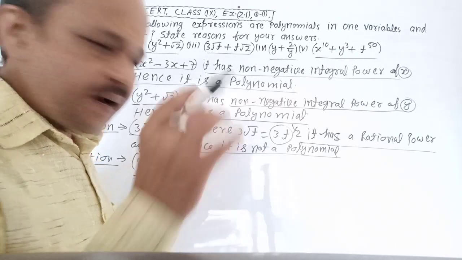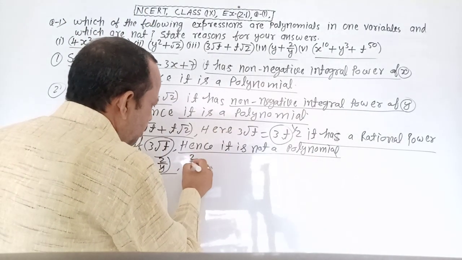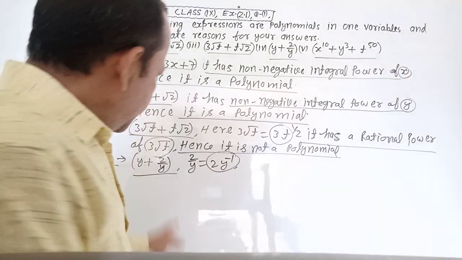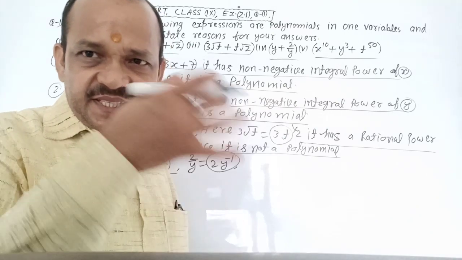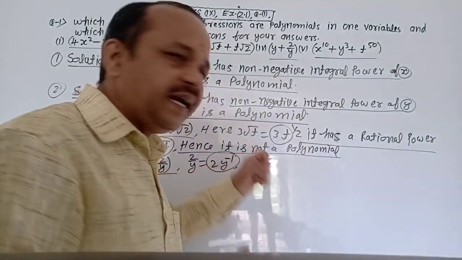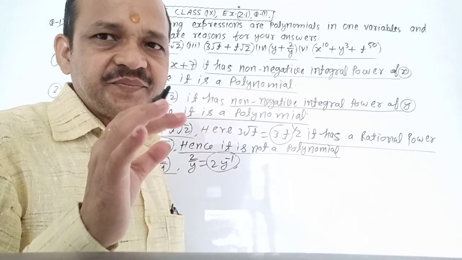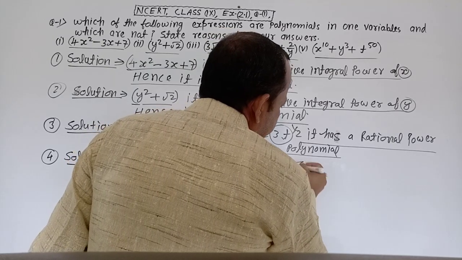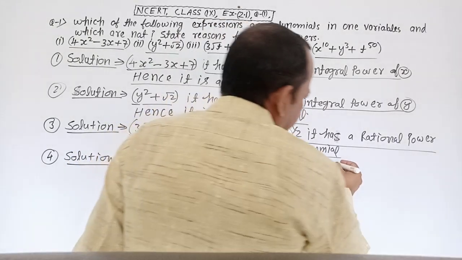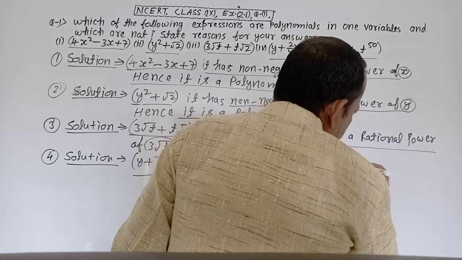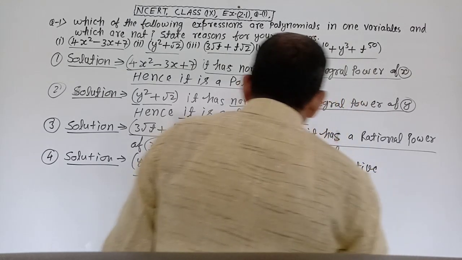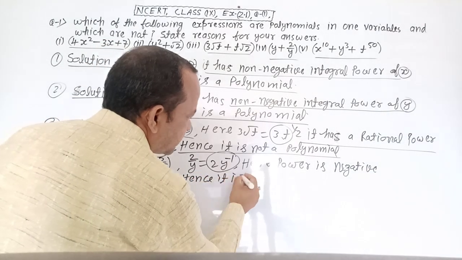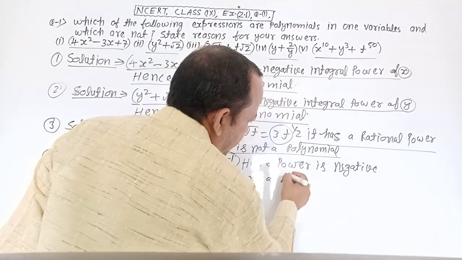You can write it as 2 by y equal to 2y power minus 1. Here power is negative, hence it is not a polynomial. Clear? Power is negative, hence it is not a polynomial.